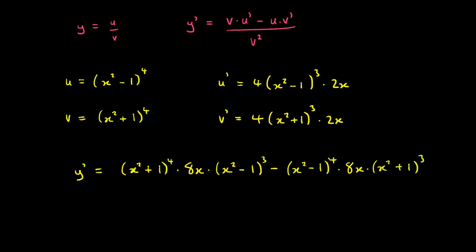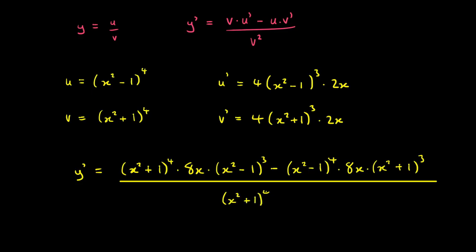And of course, this is all divided through by v squared, which will be x squared plus 1 to the power of 4, and I've got to square it like that.